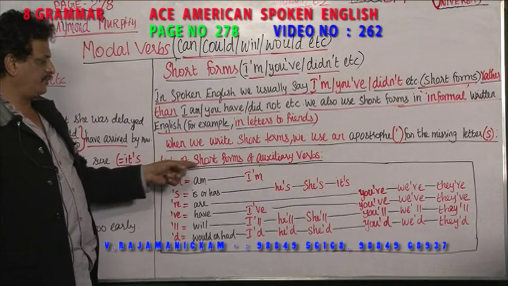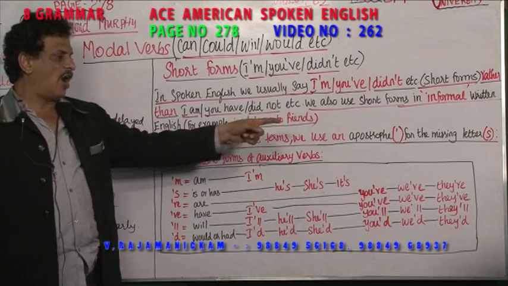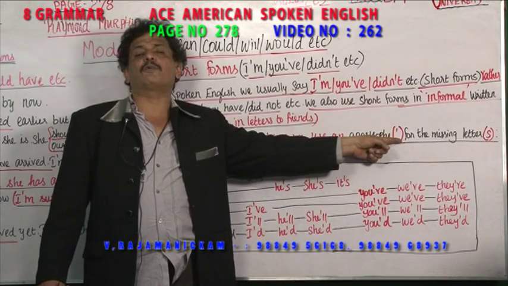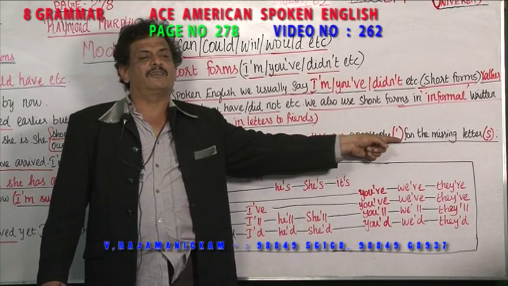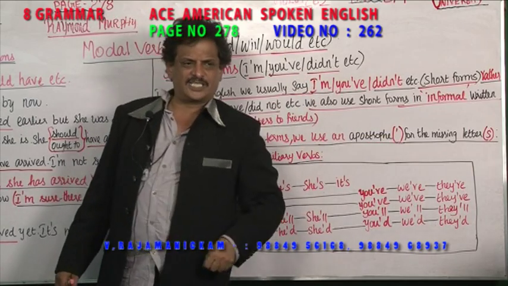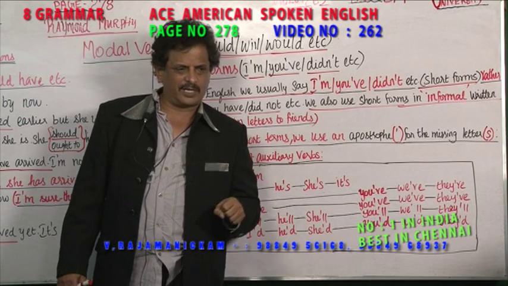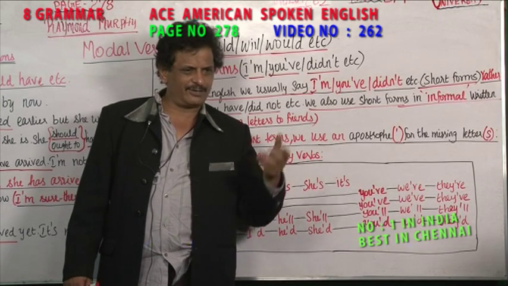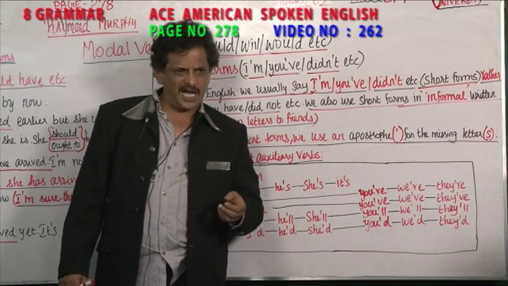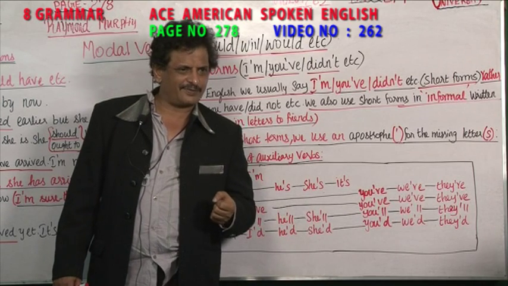Right? List of short forms of auxiliary verbs. For a missing letter, you use an apostrophe. Where else do you use it? To show possession. Can you give an example? Rama's pen. Where do you use the apostrophe?